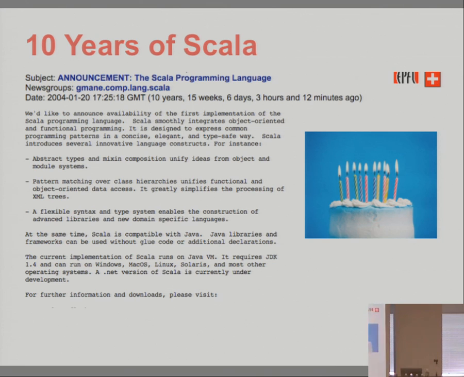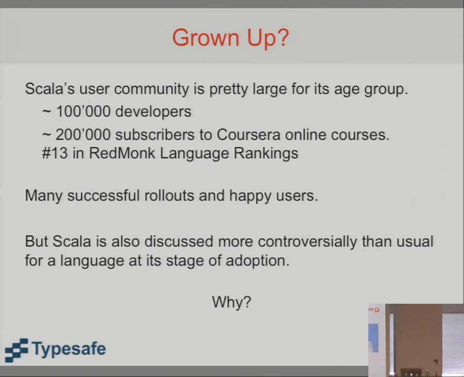So 10 years of Scala, I already talked about that yesterday, so I'll skip that. In 10 years, our user community has grown a lot. We have now, I think, probably more than 100,000 developers. That's probably professional developers. If you add the hobbyists, we have many more, several hundred thousand, I would say.